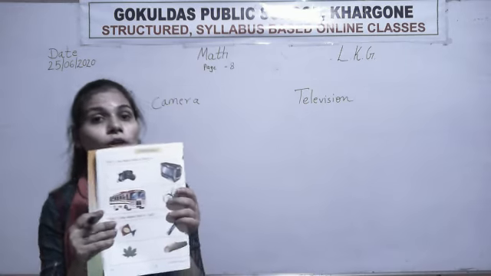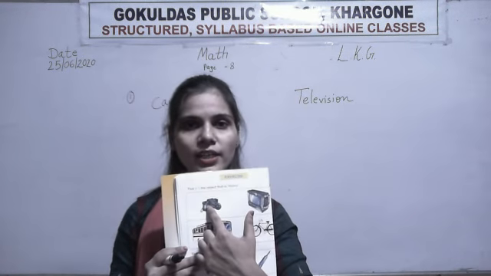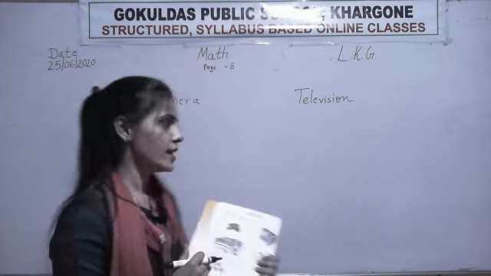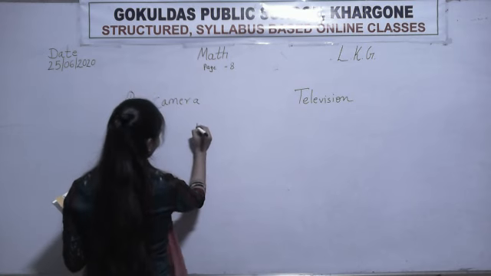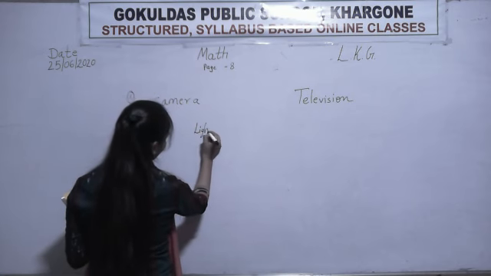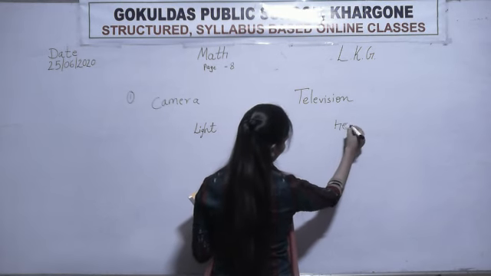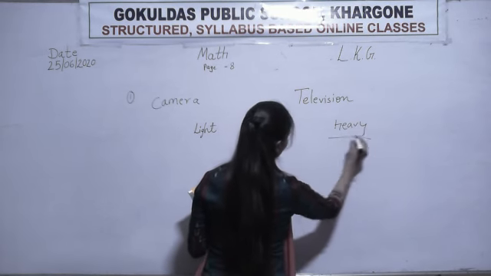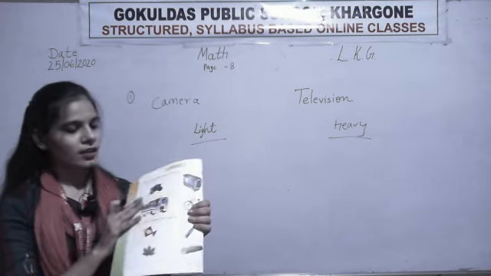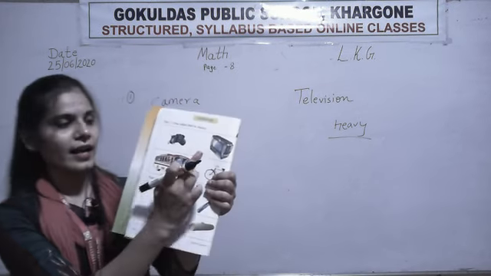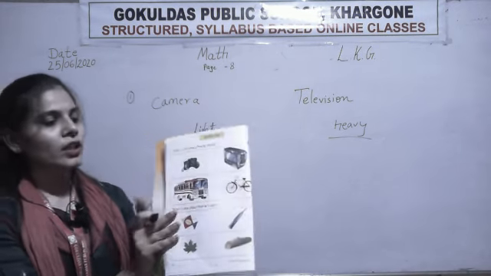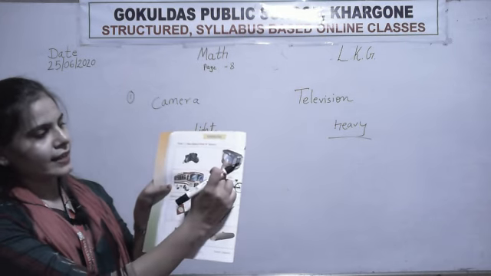Okay, so camera, heavy or light? Yes, this one is light in weight and this one is heavy in weight. So the condition is light and heavy. Look here, light and heavy.